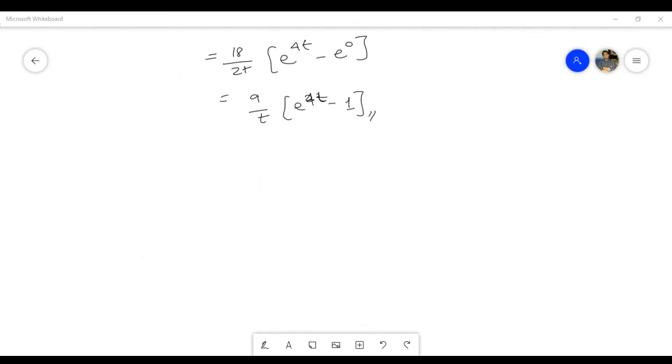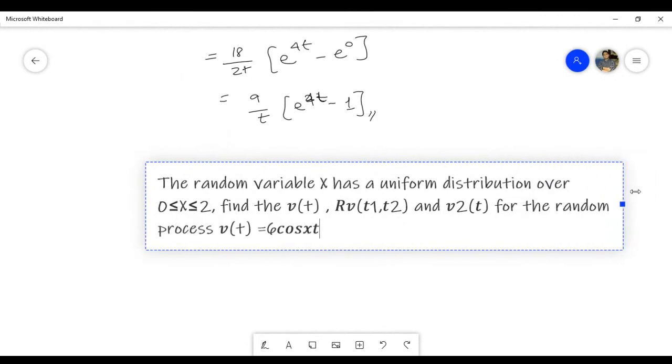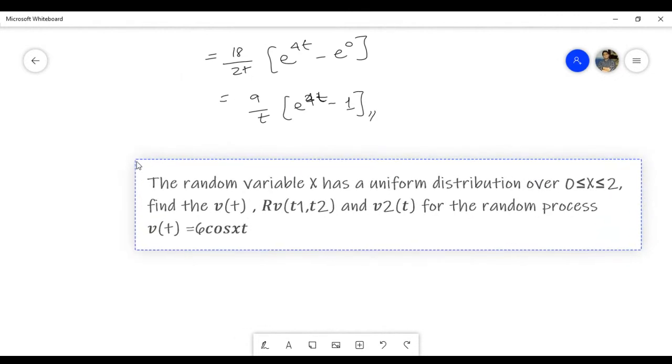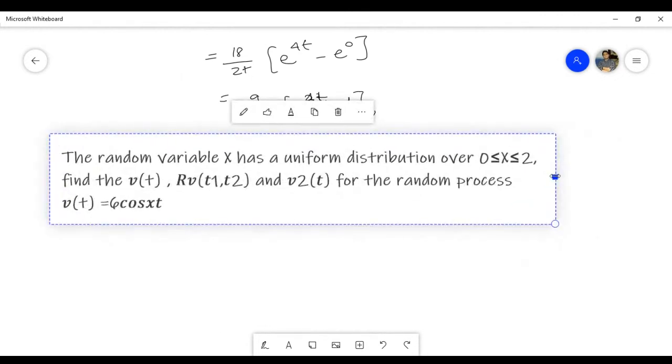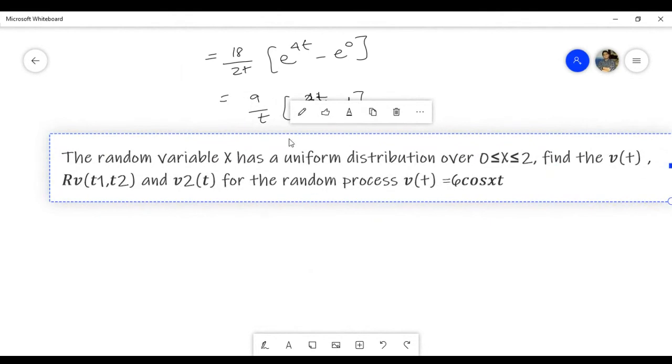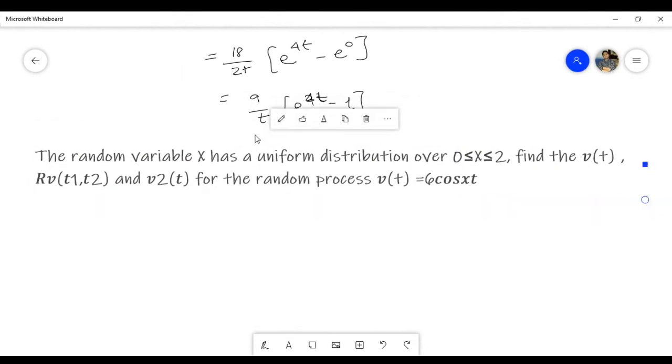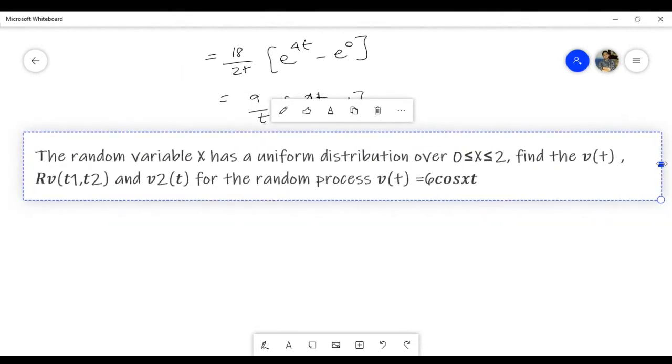So question number 2 is: the random variable x has a uniform distribution over 0 to 2, same limit. Find v bar of t, R_v of t1 comma t2, and v square of t.